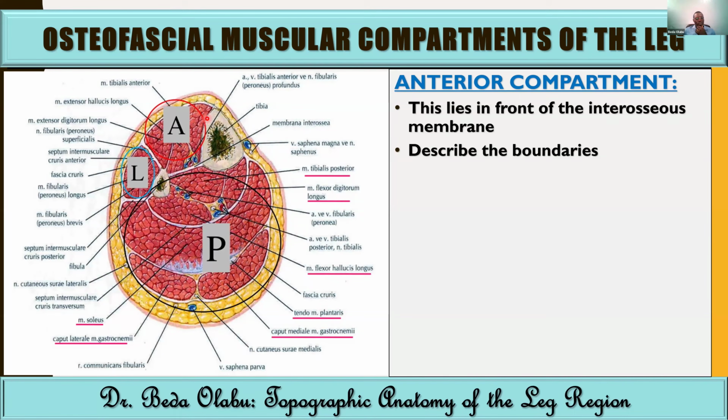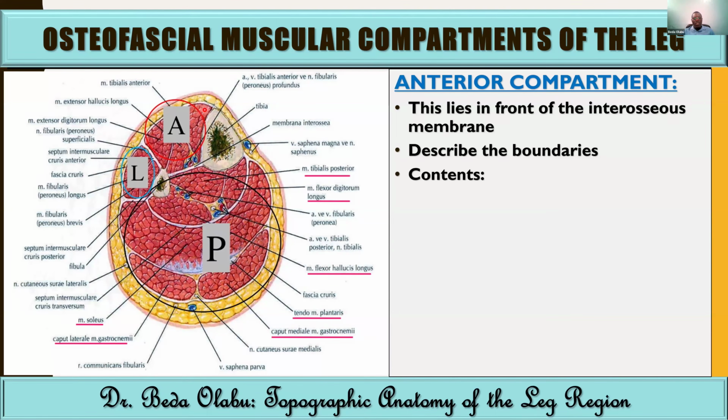Medially, we have the lateral surface of the tibia. Laterally, we have the anterior intermuscular septum of the leg. Of course, anteriorly, it's limited by the fascia cruris. Those are the boundaries of the anterior leg compartment.